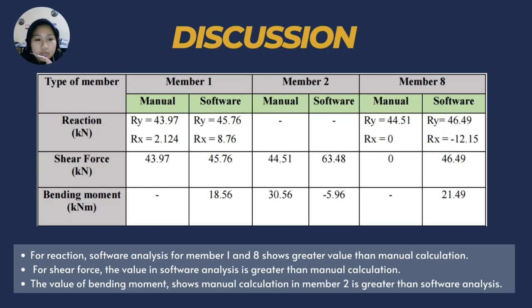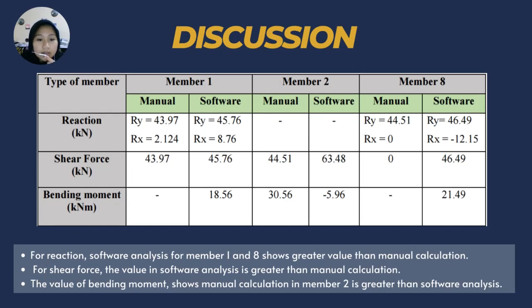Alright, for the shear force, the value in the software analysis is greater than the manual calculation. This is because the software analysis considers the safety of the structure, thus giving a greater value of shear force. The greater value of shear force will later affect the choice of structure size.